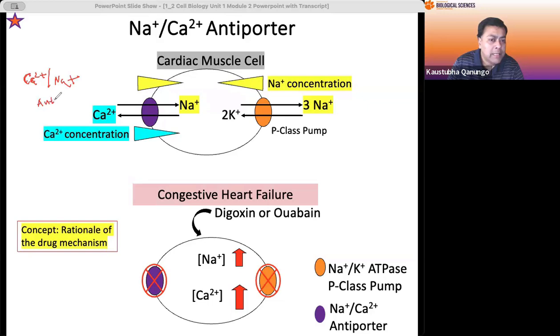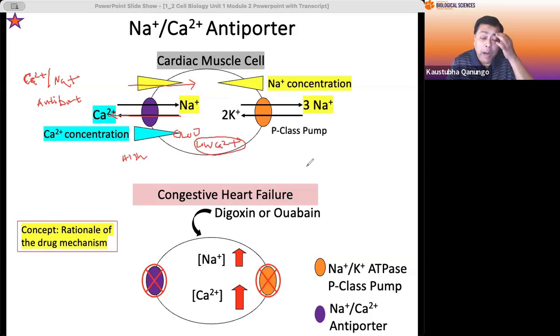Remember that. This is an antiport mechanism because they are going in opposite directions. See, the sodium is going down the concentration gradient because sodium is always outside at a higher concentration. And as it goes down the concentration gradient, calcium is moving outside against the concentration gradient, from low to high. And this actually keeps the calcium concentration low in the cell.